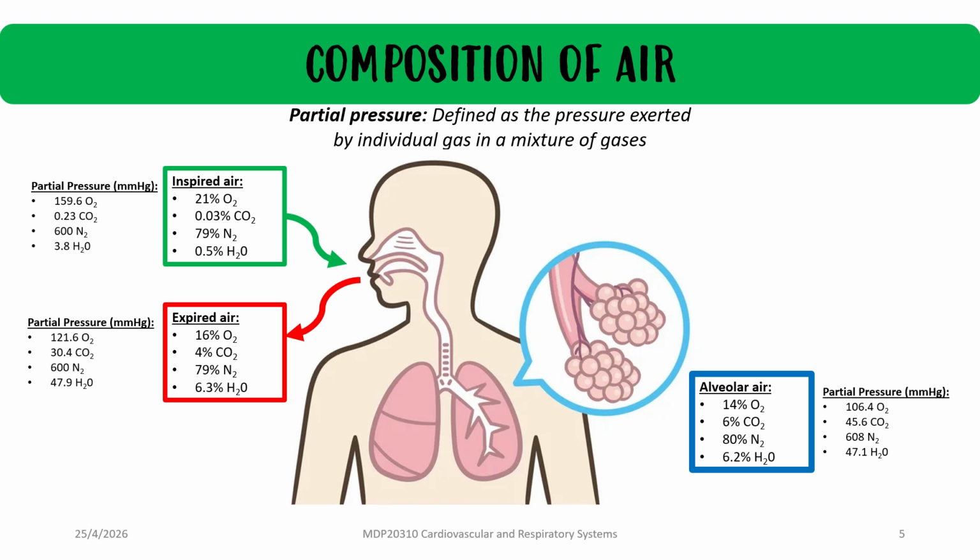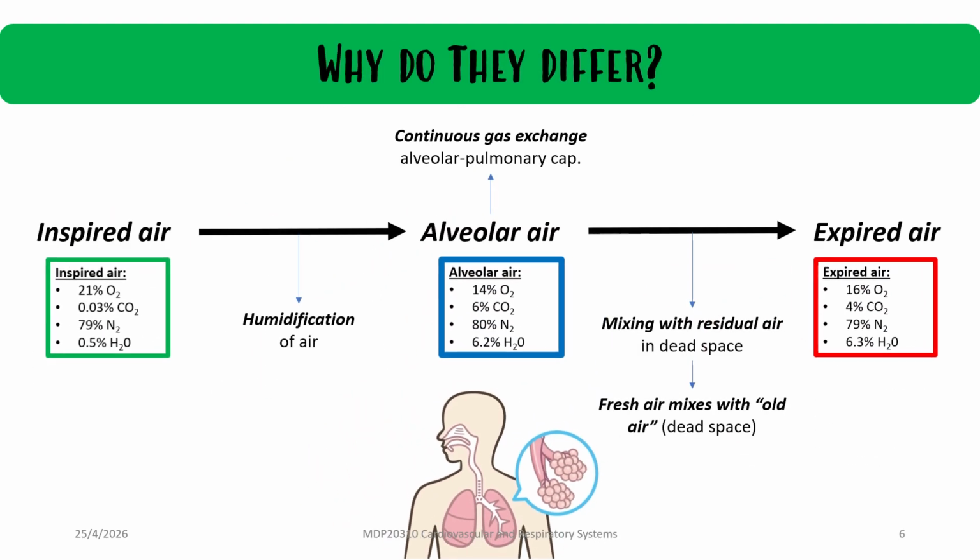These are the partial pressures for each of the percentages of air. Notice that the alveolar oxygen is much lower than the atmospheric oxygen.